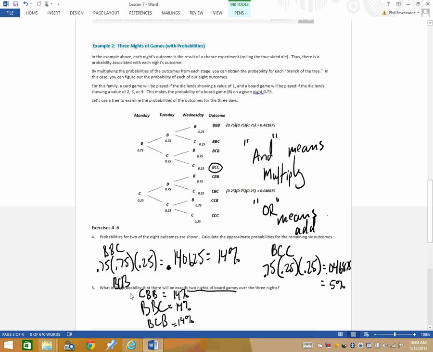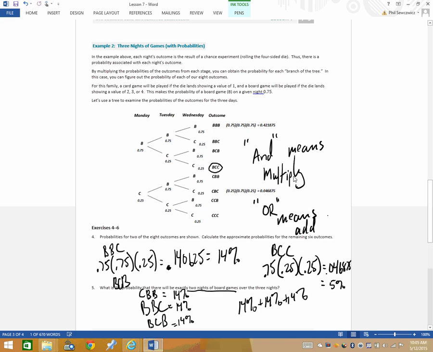So what's the probability that there will be exactly 2 nights of board games over the 3 particular nights that we are looking at? So we want to know this could happen, or this could happen, or this could happen. As we talked about, the word or means that we're going to add. So 14% plus 14% plus 14%.